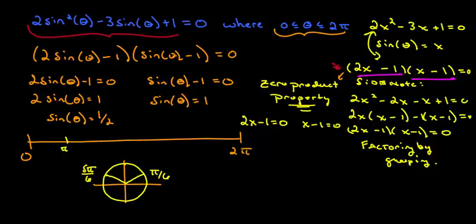Now, when is the sine value 1? That only occurs up here at the top, at pi over 2. So it looks like our solutions for theta are the angles pi over 6, pi over 2, and 5 pi over 6. So let's go ahead and check that.